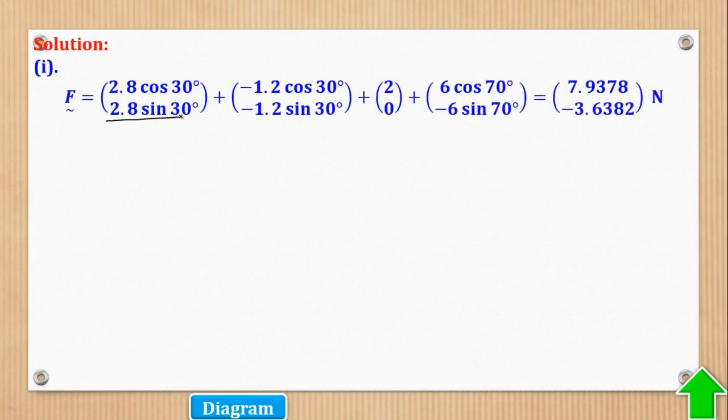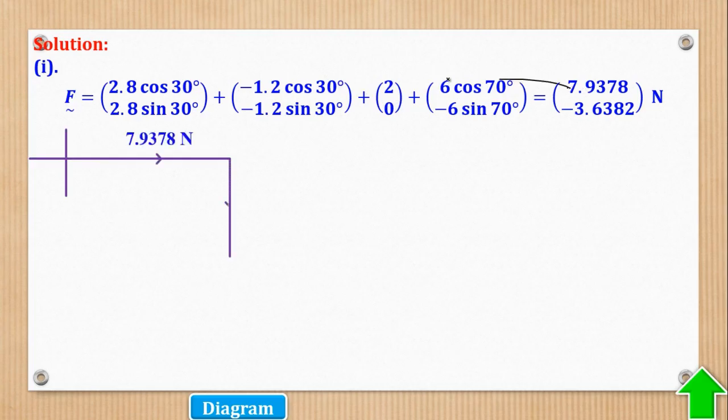So resolving this 2.8 gives that. By now I believe you know how to resolve, so I shall not over explain why this is negative, because we already explained that in detail under the video of vectors and scalars. From that we shall need to draw a right angle triangle of positive horizontal and negative vertical.